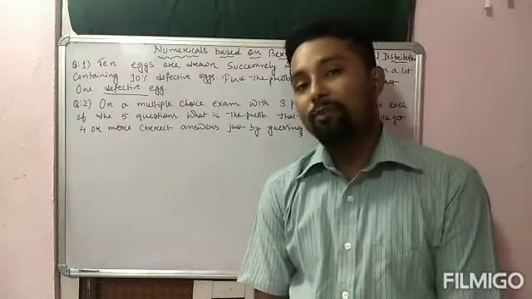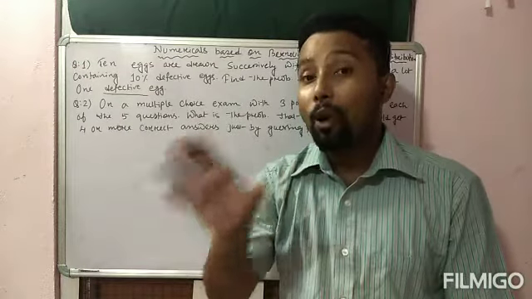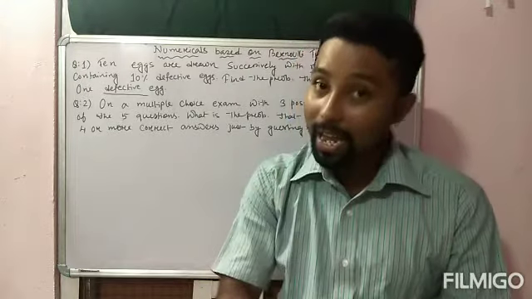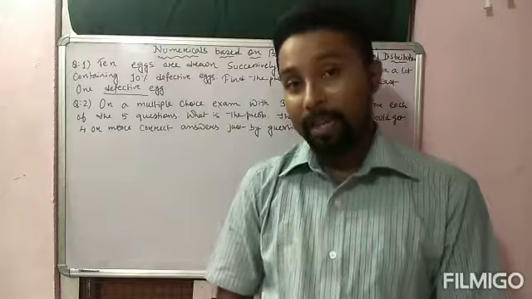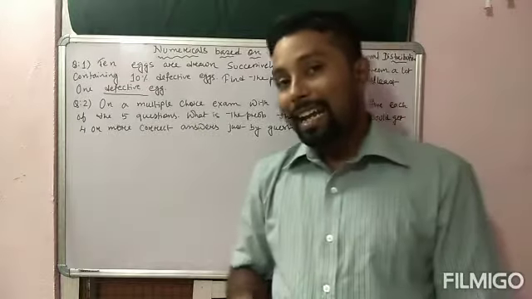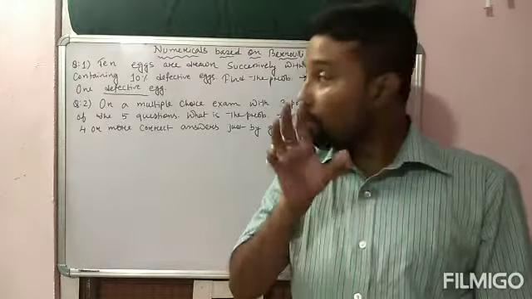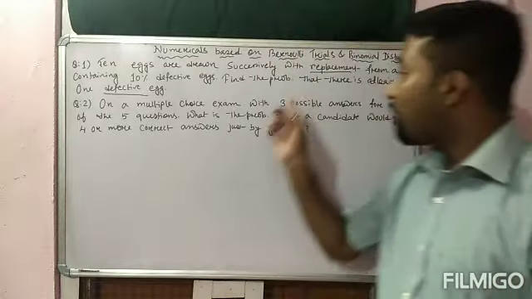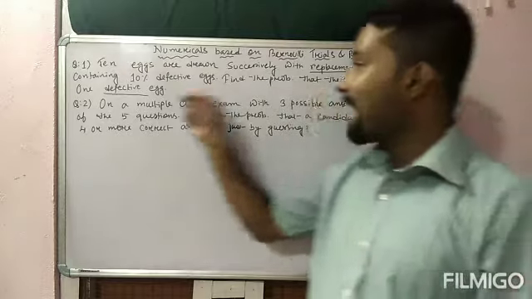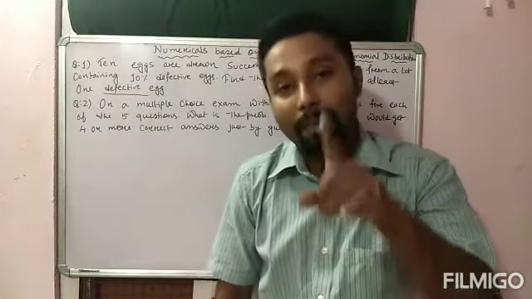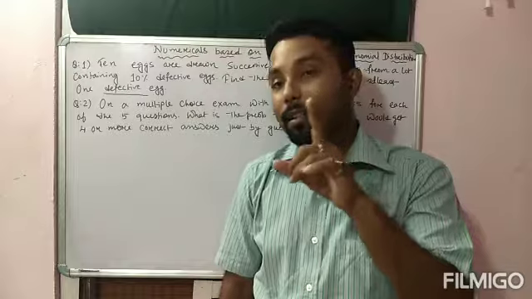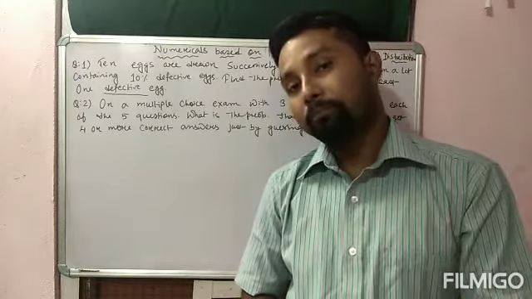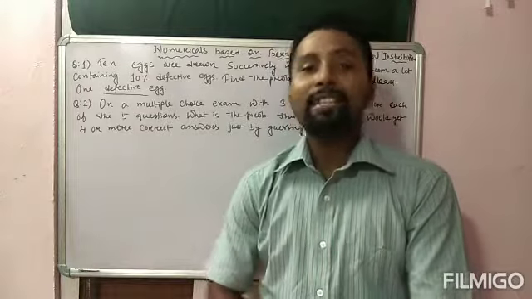So how many eggs we have to select? 10 eggs from a lot. Total number of eggs में 10% defective है और 90% non-defective है, और हम लोगों को select करना है 10 eggs, and उन 10 eggs में minimum एक egg defective होना चाहिए. Find the probability that there is at least one defective egg. मिनिमम एक defective होगा तो maximum कितना eggs defective हो सकता है?